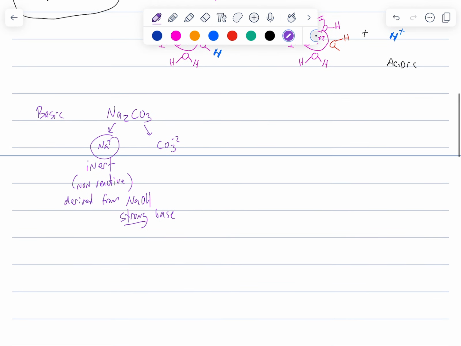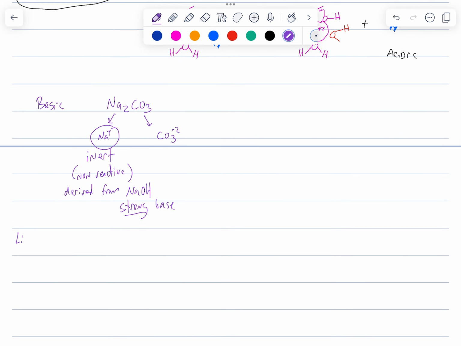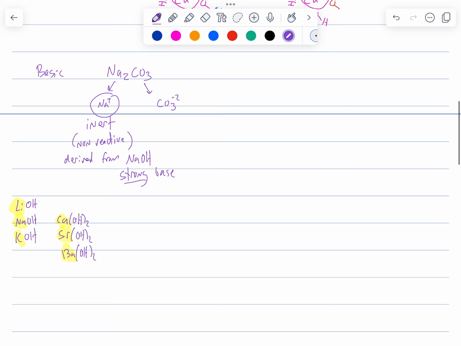So if we think about what all the strong bases are, we have LiOH, NaOH, KOH, you have calcium hydroxide, strontium hydroxide, and barium hydroxide. So these ions here, if they are found in a salt, then those 6 are inert ions.